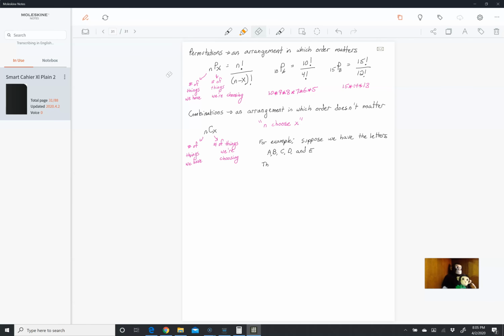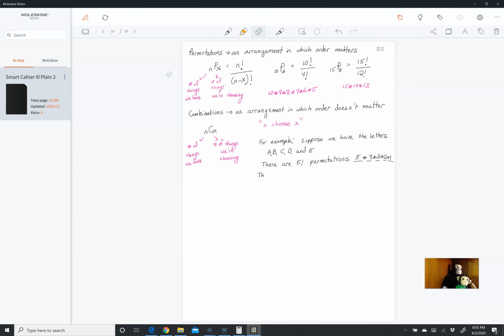This is saying that there are 5 factorial permutations. Okay, so we would have 5 possibilities for the first letter, 4 for the second, 3 for the third, and then times 2, sorry, I ran out of space here, times 1, okay?